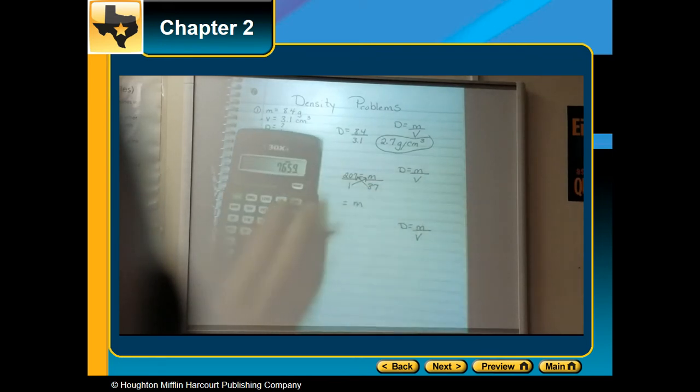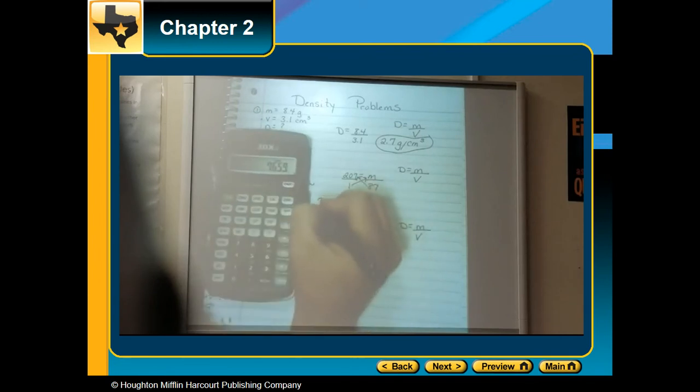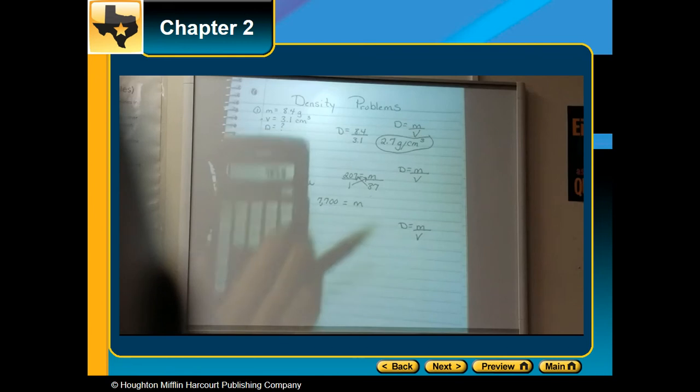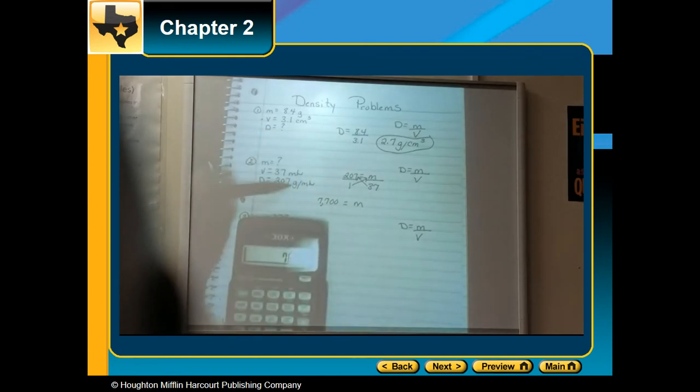So 7,700, and you have to put those placeholders in there, okay? Because it has to be similar to the number you have. They have to have those placeholders. All right, and since it was mass, you go get your unit from here, it's grams. Put the unit there, and you put your grams there. You do need your units.